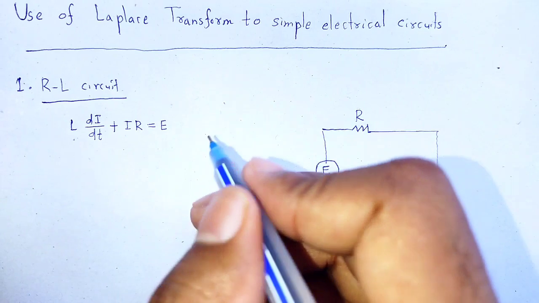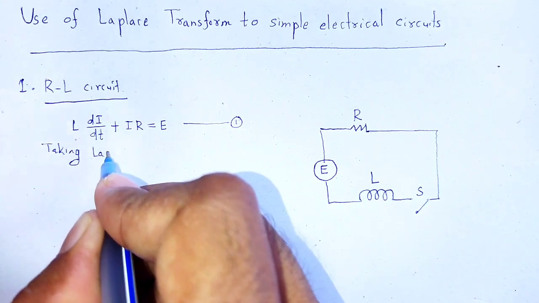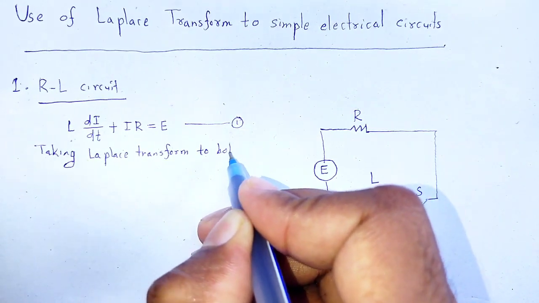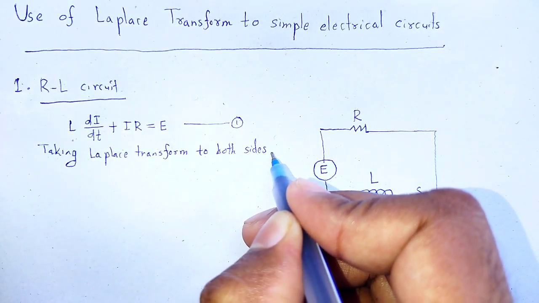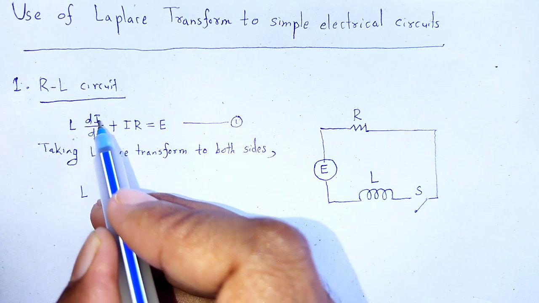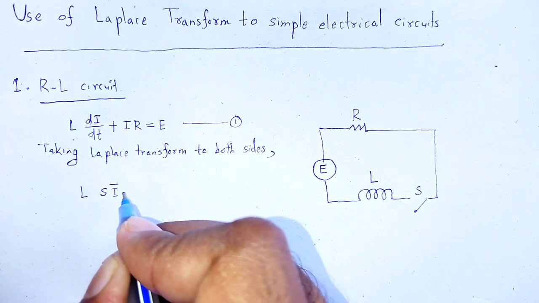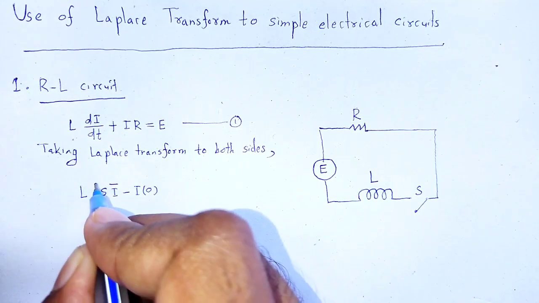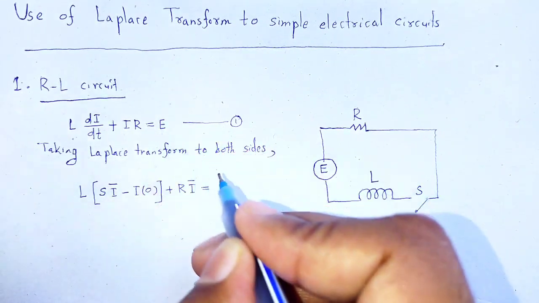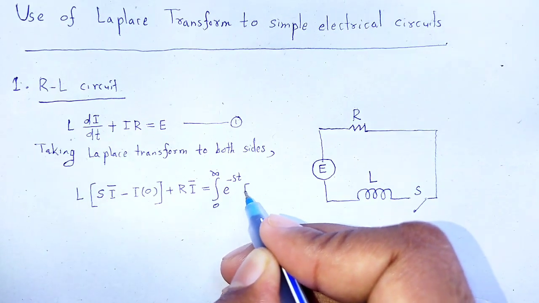Let me take the Laplace transform on both sides. Taking the Laplace transform to both sides, the constant is L. From the definition of the Laplace transform of a derivative, we have s I bar minus I at 0, plus R into I bar is equal to the Laplace transform of E. From the definition of Laplace transform, that is integral from 0 to infinity of e to the power minus st times E dt.